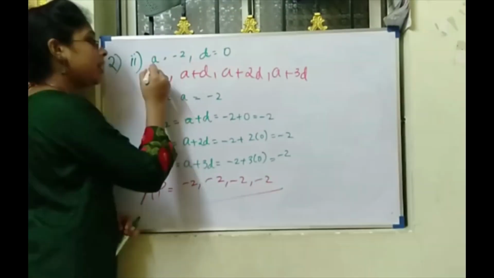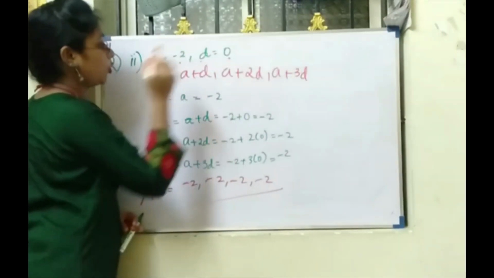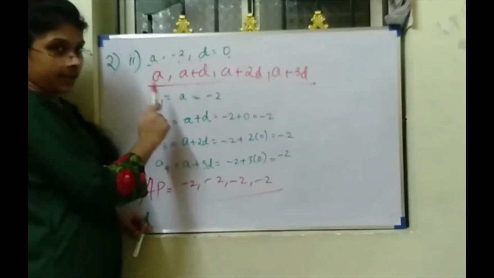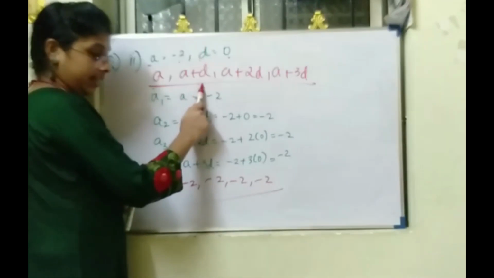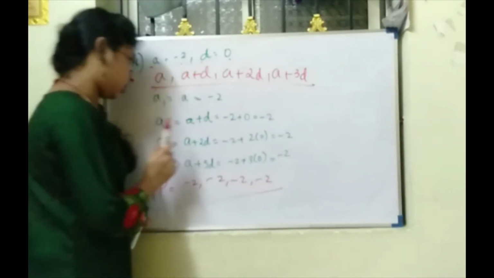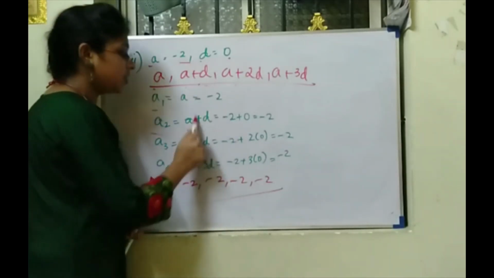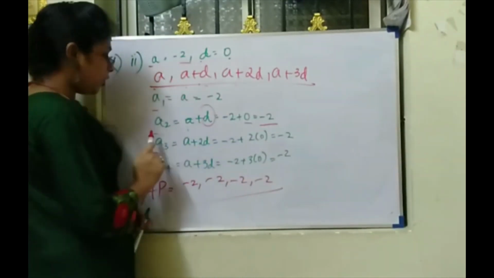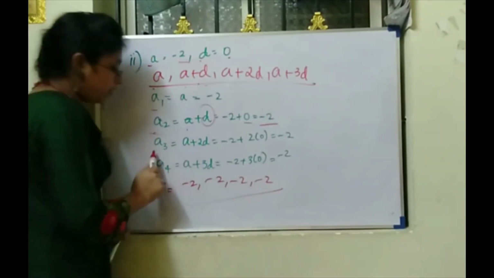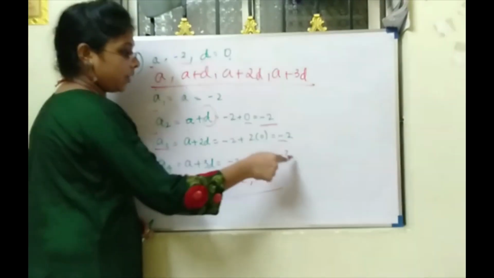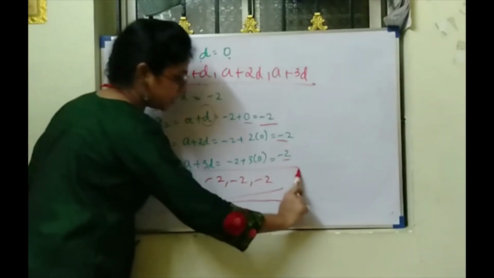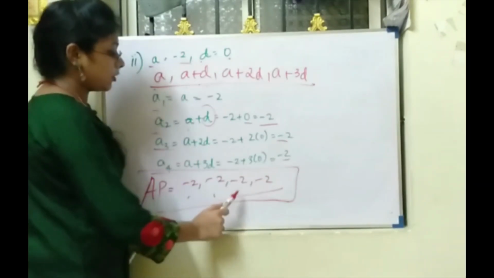In this sum they have given A is equal to -2 and D is equal to 0. So here A1 will be -2 and A2 will be A plus D, which is -2 plus 0, so A2 will also be -2. So similarly for A3 and A4, -2 and -2. The sequence of the AP is -2, -2, -2, -2.